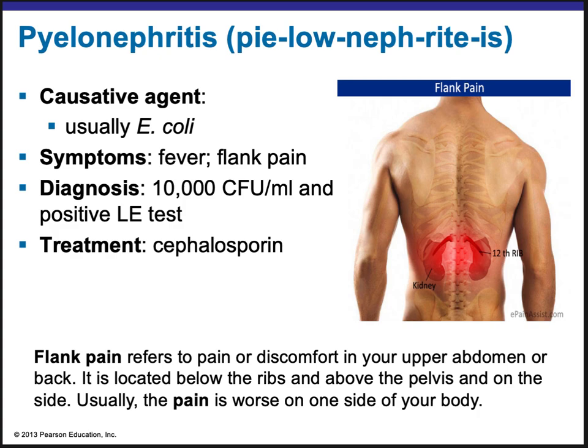But the vast majority of these infections are actually just normal E. coli that worked its way up your urinary tract. Also, it's interesting, we show a man here as the example, just to show you where your kidneys are located. But men are not commonly having urinary tract infections. Remember, it's much more often females.